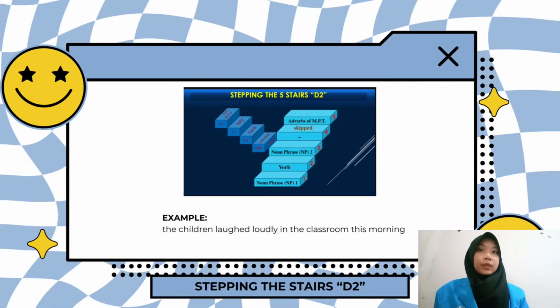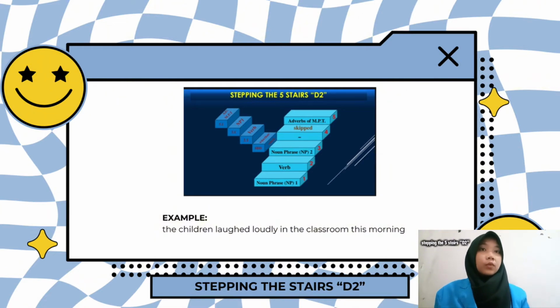Okay, next we move to Stepping the 5 Stairs D2. As you can see, in the main stairs, stair 1 is noun phrase 1 or NP1, stair 2 is verb, stair 3 is noun phrase 2 or NP2, number 4 is skip, 5 is adverbs of MPT: manner, place, or time. And then the substairs is also SBD.